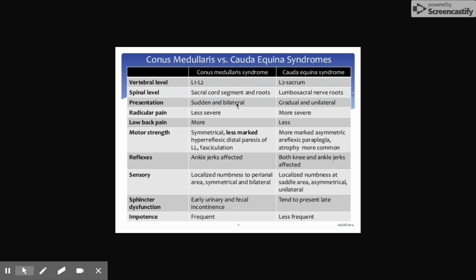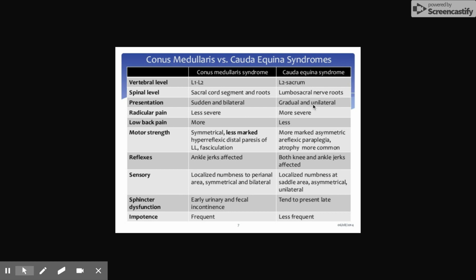However, in cauda equina, the nerve roots are going to be affected. So depending on where the lesion is, if the nerve innervating the right side is affected, you're going to get right side symptoms. Or if the nerve roots innervating your left side are injured, you're going to get left side injury. So it is very important to differentiate that part, because conus medullaris is always bilateral, and cauda equina is unilateral.